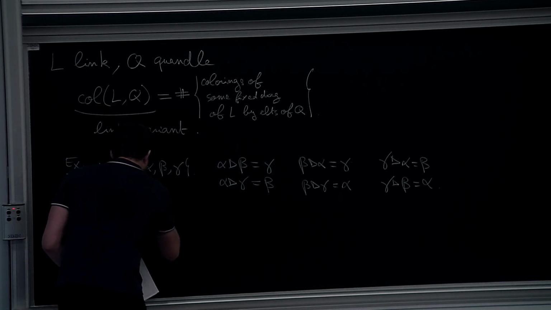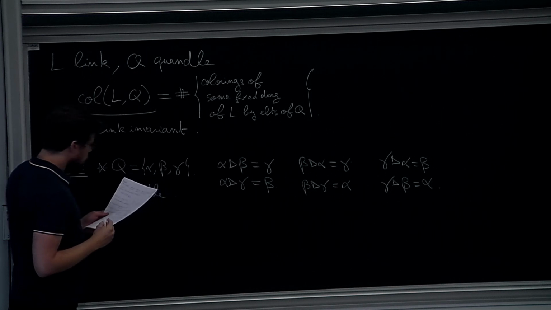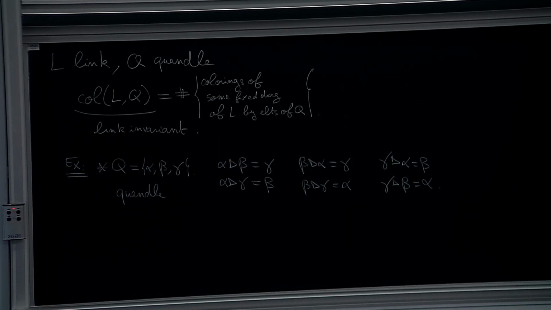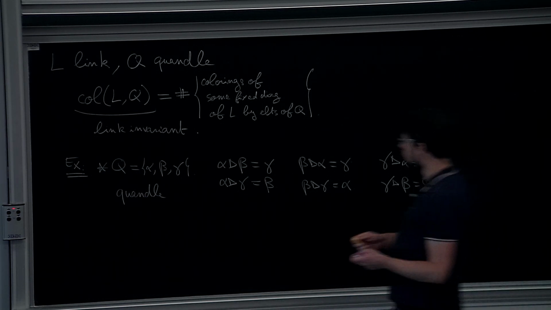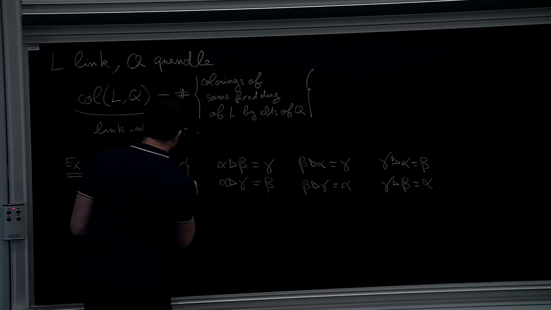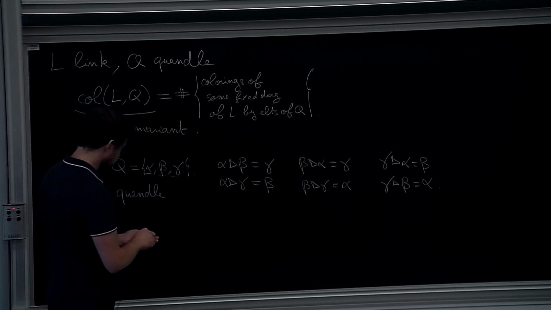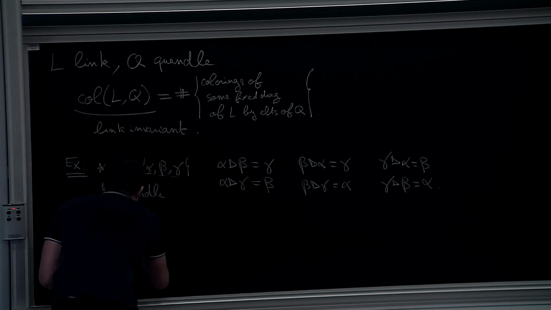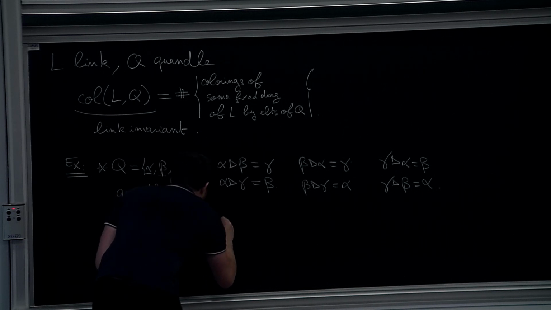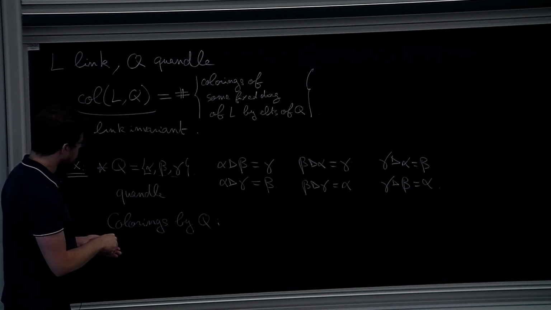This is a quandle. And then what are colorings by these? So let's say that alpha is yellow, beta is red, and gamma is blue. Then colorings by Q have to look like this.